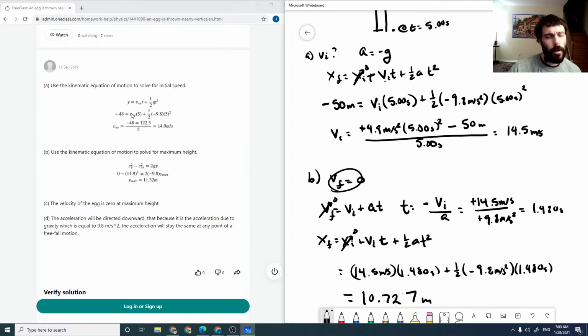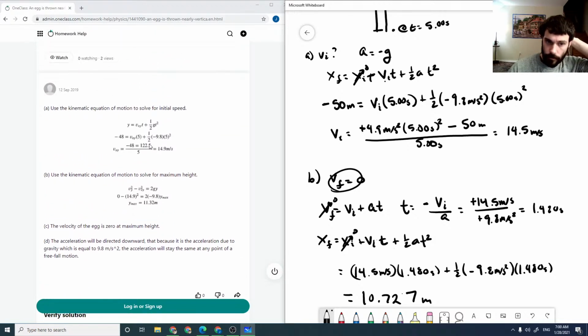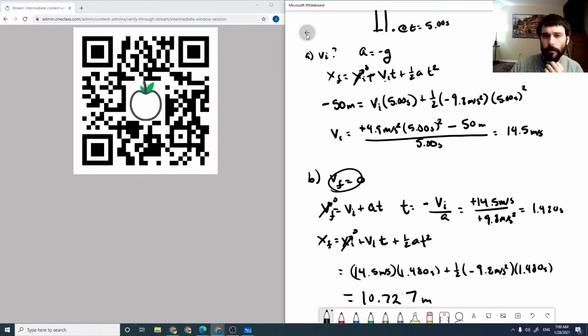So I don't know why minus 48. And so that kind of throws off everything. And I can't think of any reason why it'd be negative 48, so that's what I'm going with.